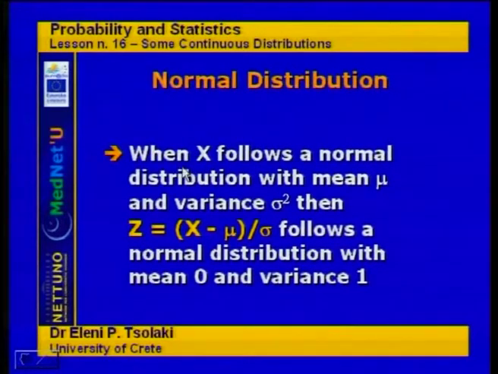We see that when the random variable x follows a normal distribution with mean mu and variance sigma squared, then by doing this transformation, by taking out of the random variable the expectation and dividing by the standard deviation, this will be a new random variable which will follow a normal distribution again, but with mean 0 and variance 1.